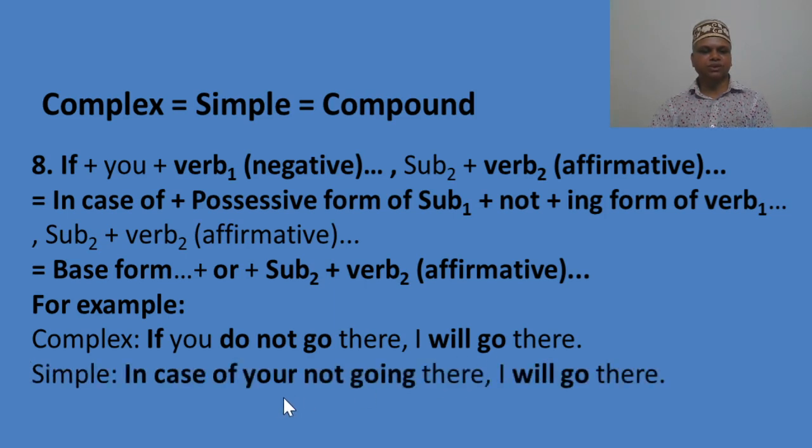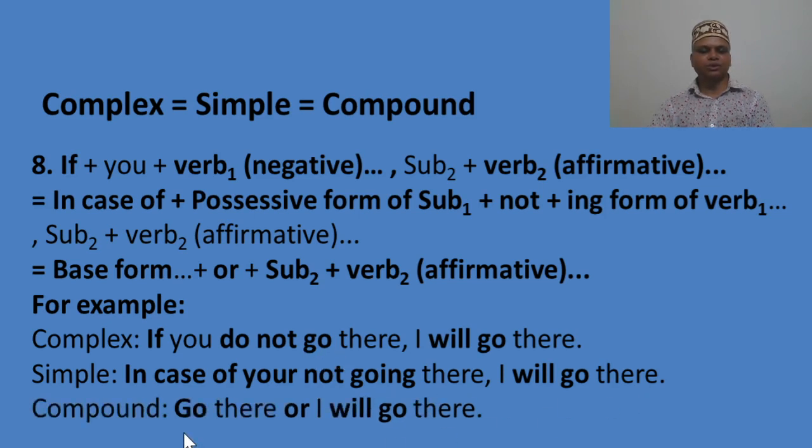So the simple will be in case of, possessive form of subject, then you have to use not, ing form of verb, then rest of the sentence. Compound: go there or I will go there. So we have to use base form and rest of the sentence, or, and the principal clause.